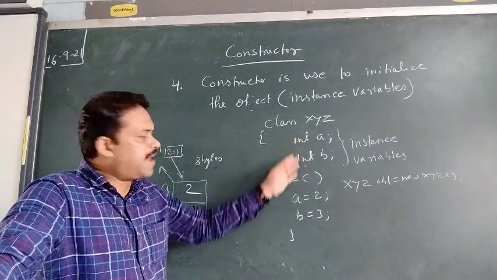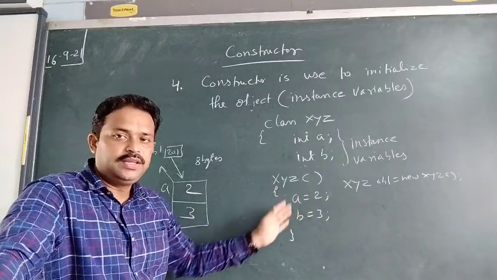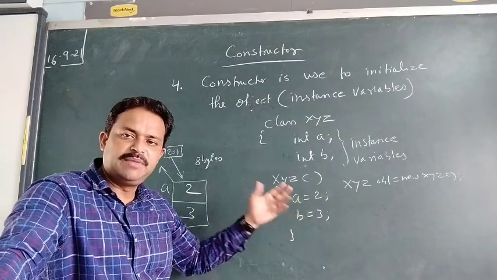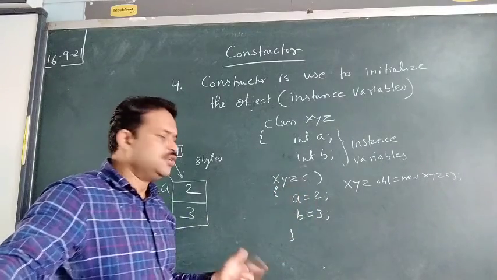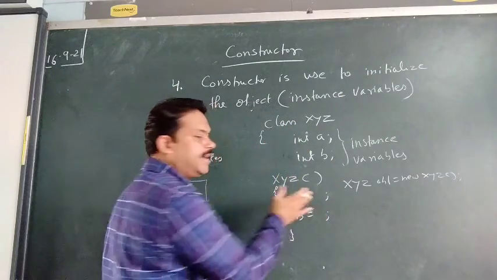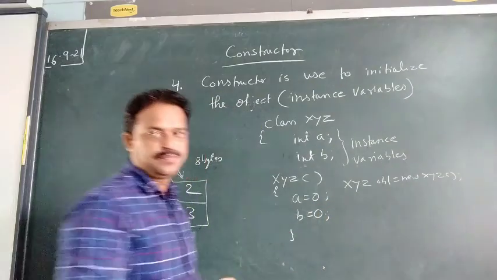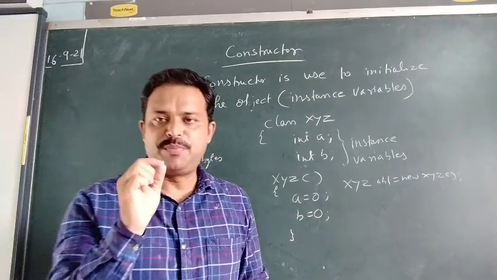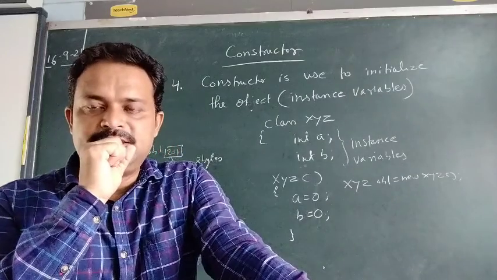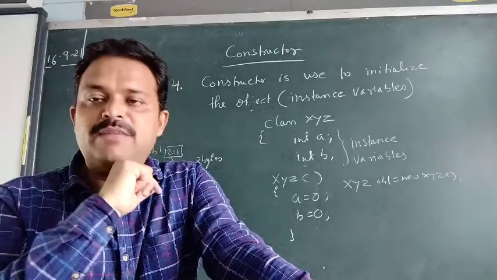So you can initialize this variable A and B by any value. It is not necessary that A should be 2 only, B should be 3 only. It can be initialized by any value. Generally we initialize the instance variable by its default value, 0, 0. Now a very important thing to be noted down here. Sir, why are we initializing the variables?